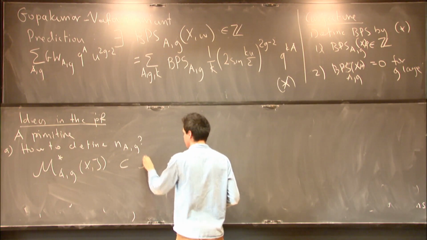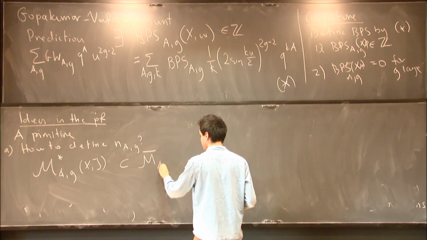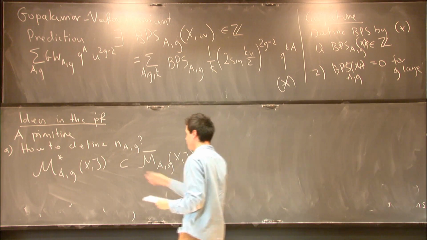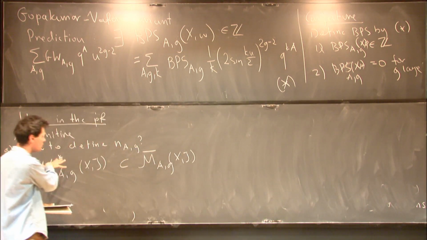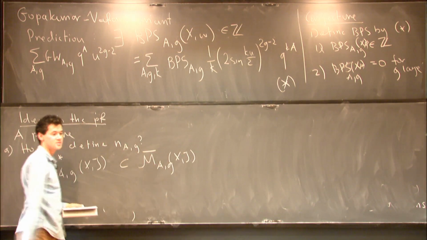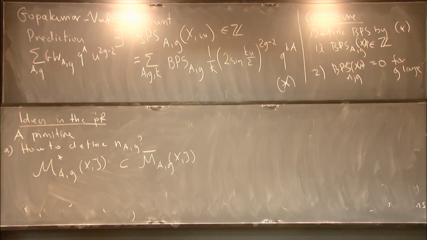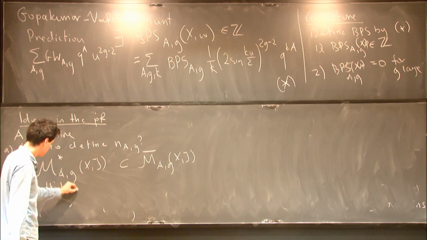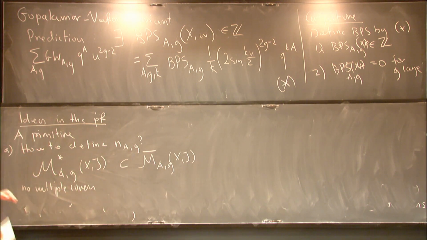And you know that you can embed it in the moduli space of stable maps. So the only thing you have to say is, what is the closure of this set inside this big space? And this particular case is much easier than the general case, because you know that there are no multiple covers. So from the beginning, you rule out the biggest difficulty, because this class is primitive.